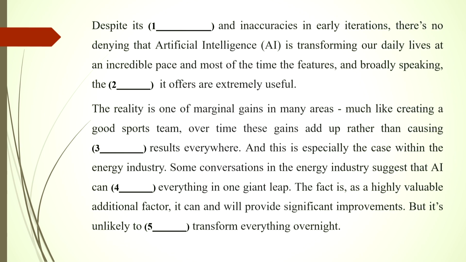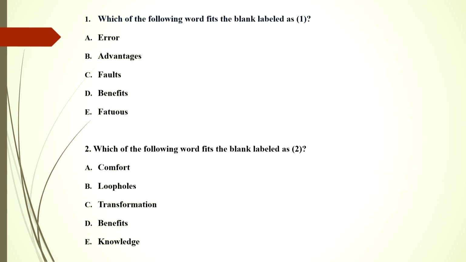So now, if you observe carefully, after blank 1, the conjunction and is coming, and as we all know, words connected by and must be similar in type and tone. That is, if for example, here is word 1 and here's word 2 connected by and, then if word 1 is positive, then word 2 will also be positive, or if word 1 is negative, then word 2 will also be negative.